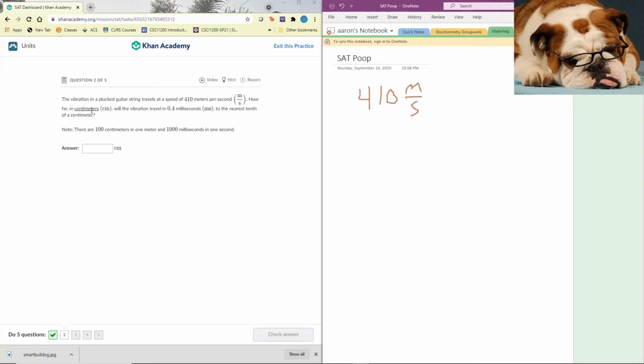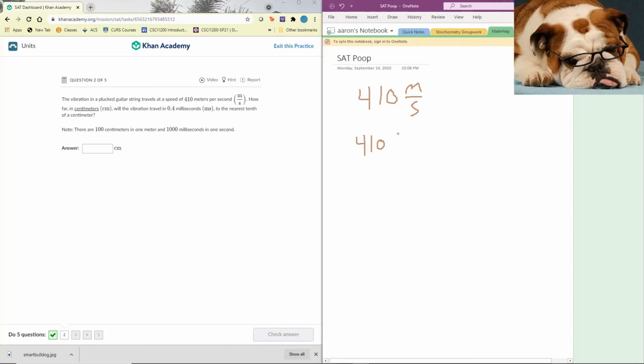So first we want it in centimeters. So let's convert this to centimeters. And then we can also convert it to milliseconds at the same time. So 410, and then down here it says there's 100 centimeters in 1 meter.